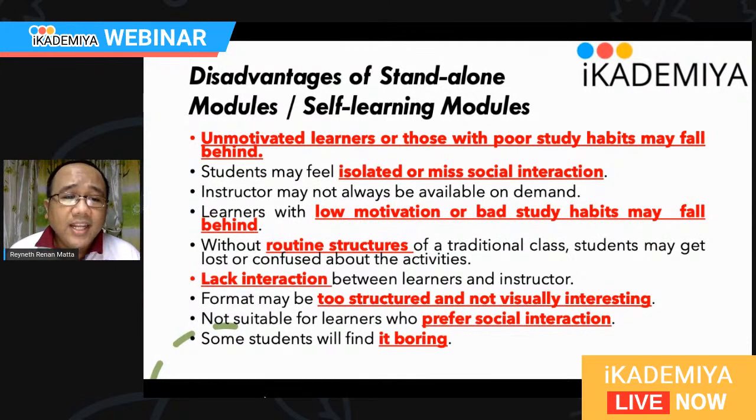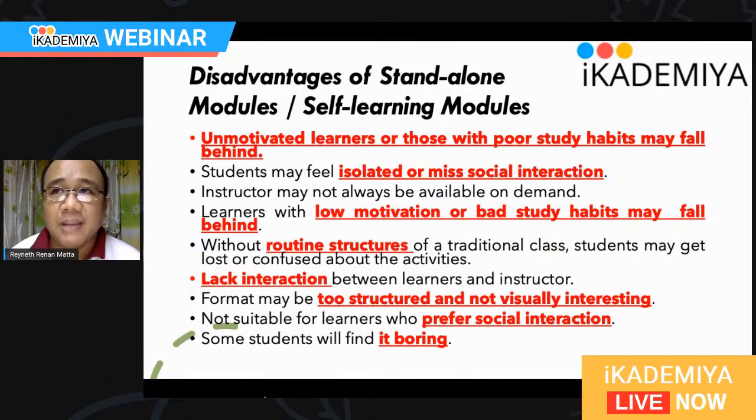Also, a major factor wherein students find it hard to follow self-learning modules or standalone modules is the availability of the instructor. Students will find it less motivating if the instructors are not around. Also, learners with low motivation or bad study habits may fall behind.